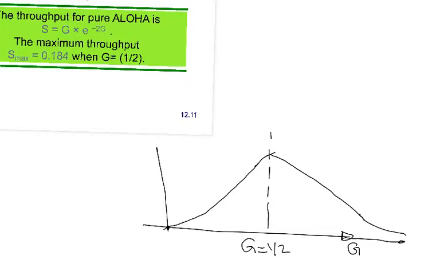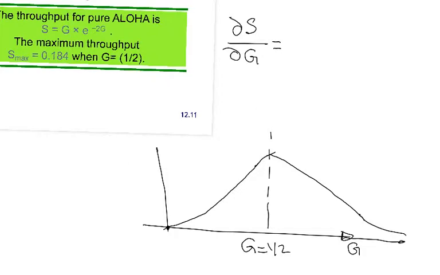To get the value of g that maximizes the throughput, we can simply take the derivative of S with respect to g. We have two functions, an exponential function and a linear function. Assume these are f1 and f2.